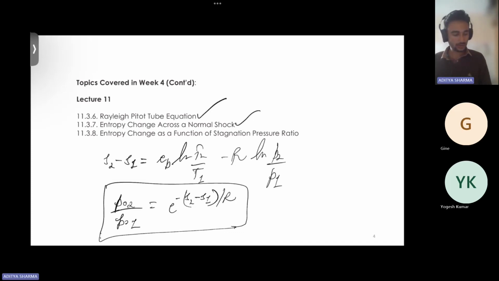So this is the discussion as far as the topics of lectures 10 and 11 are concerned. Now we shall move to the questions. Up till this point, if somebody wants to add something or ask something, you can do that. No questions?